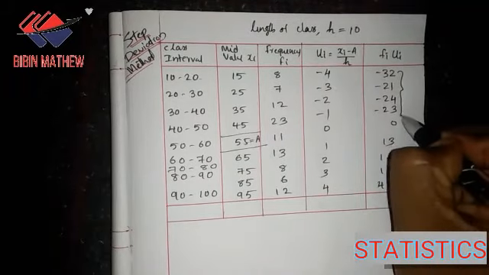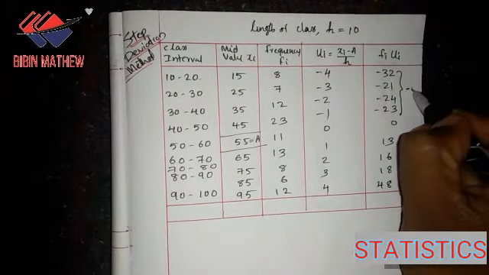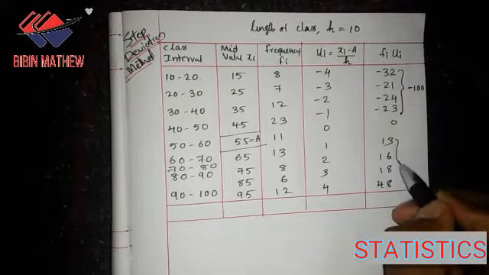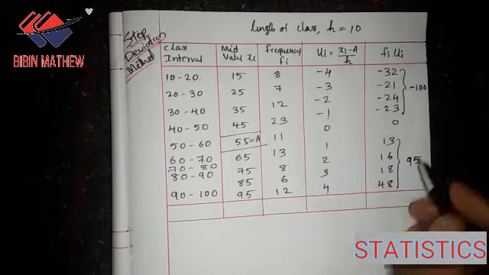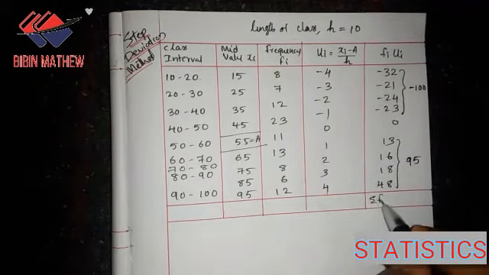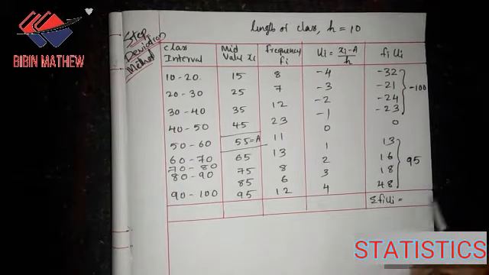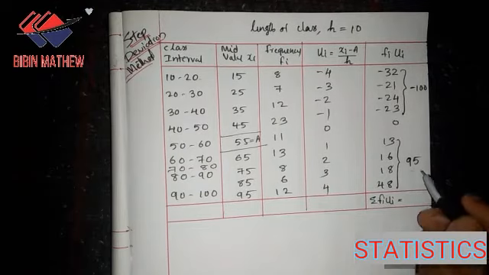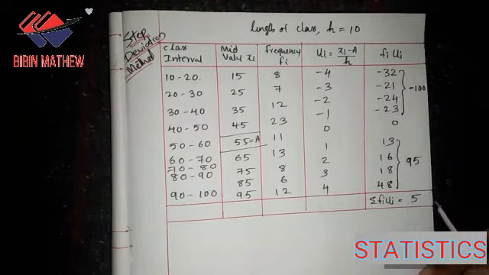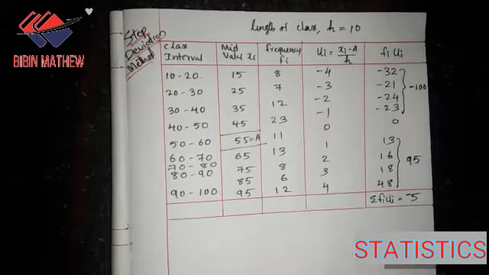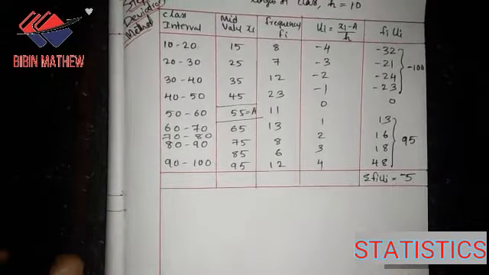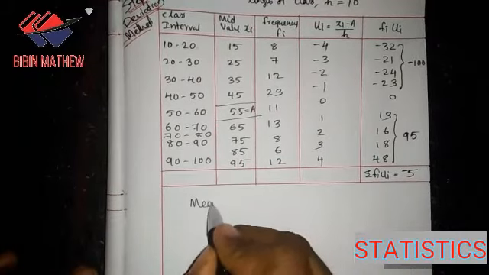These numbers are negative, so adding them together you will get minus 100. Here, adding them together you will get positive 95. So what will be sigma fi ui? The difference of the two, and the sign of the bigger number. 5 is the difference, the bigger number is this one, so its sign is minus. You got that much.